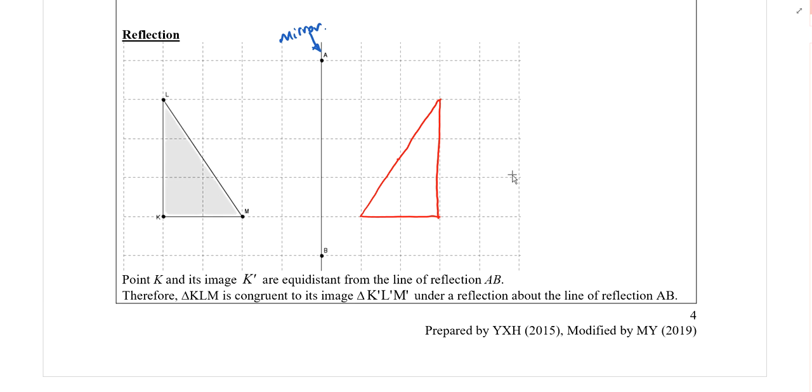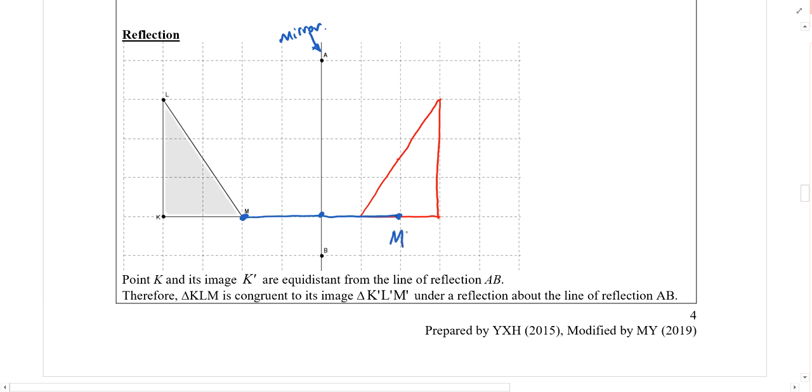This is not a mirror image because the shortest distance from M to the mirror must be the same as the shortest distance from the mirror to the corresponding point over here.